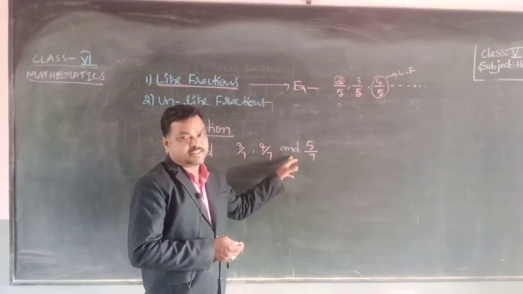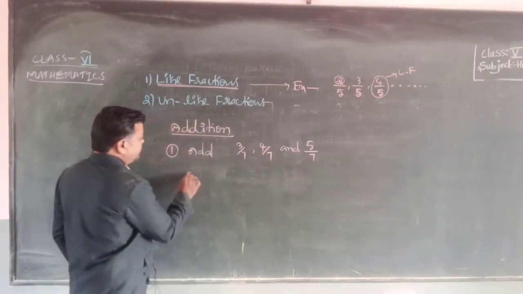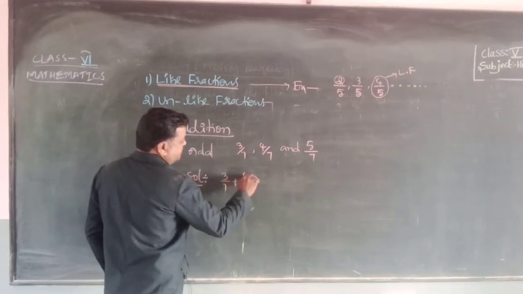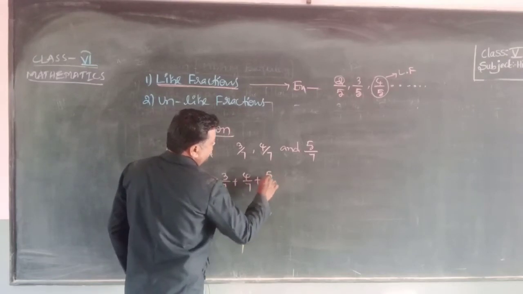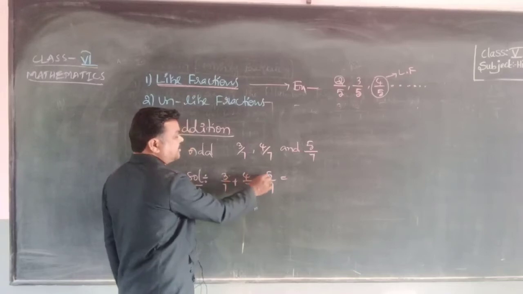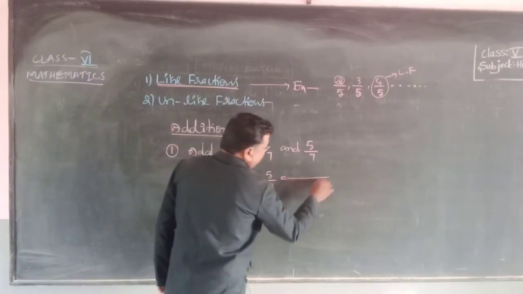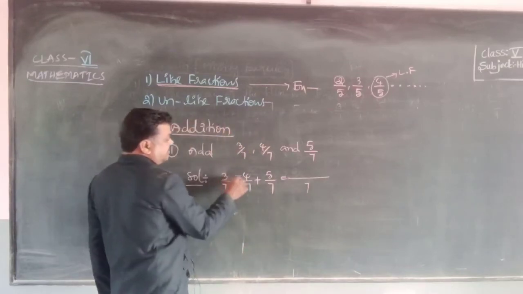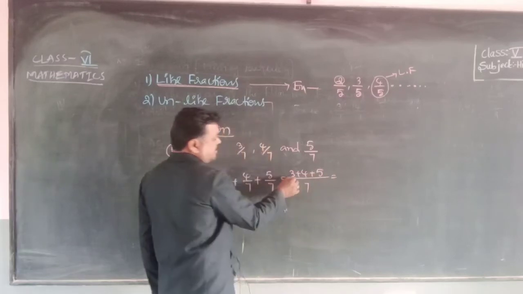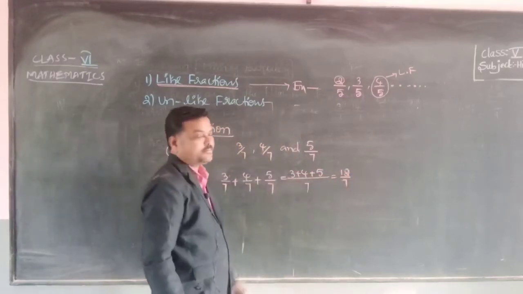These are like fractions. While adding like fractions, 3 by 7 plus 4 by 7 plus 5 by 7: all the denominators are the same, so just add the numerators. We write one denominator, that is 7. Then 3 plus 4 plus 5; 7 plus 5 is 12 by 7.